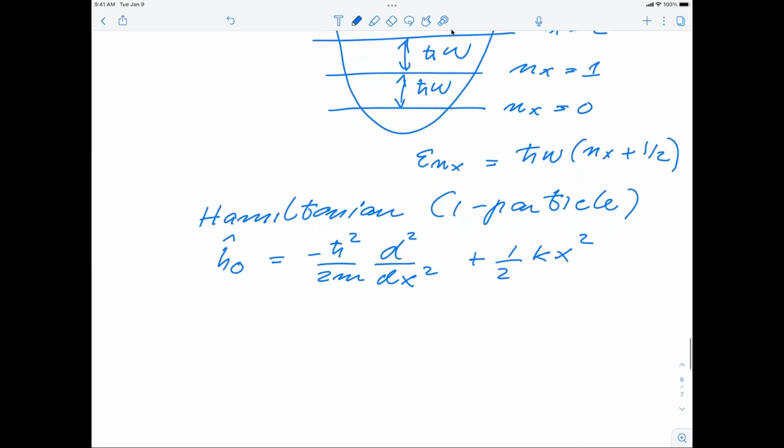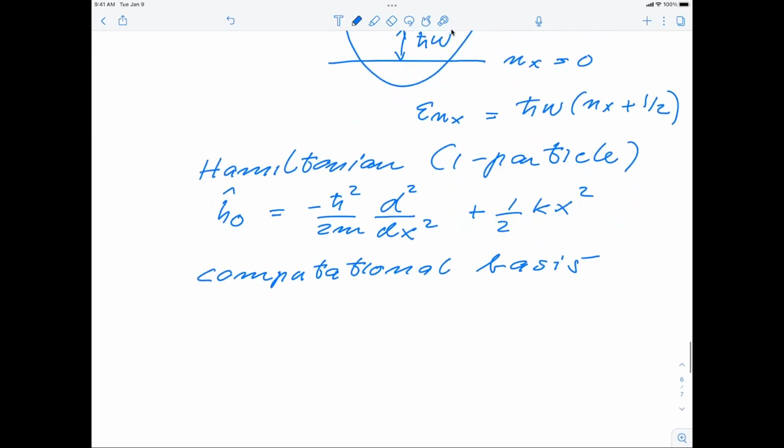So that means that when H0, so we define the computational basis. So we define a basis now, which now contains these quantum numbers nx, and it has an x dependence. So formally, this is normally seen as this definition here with nx.